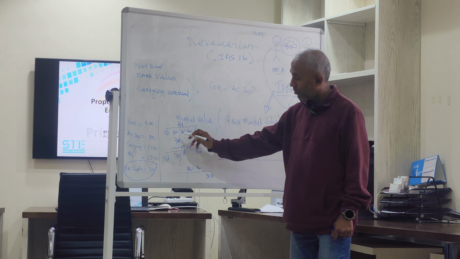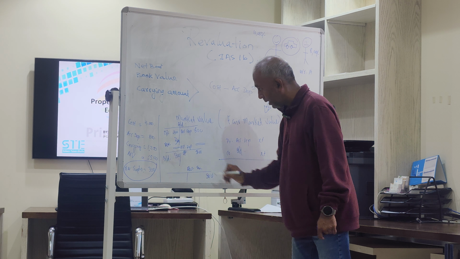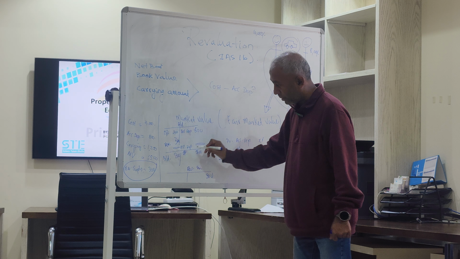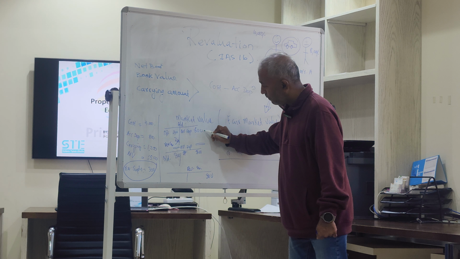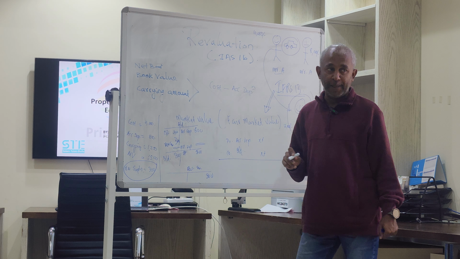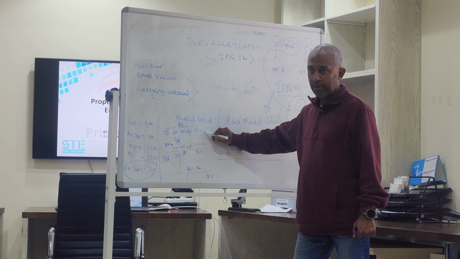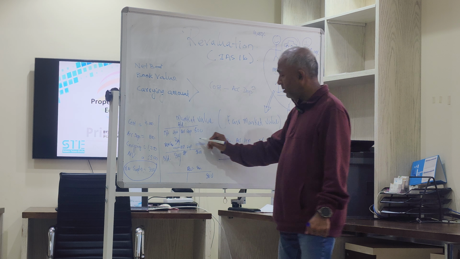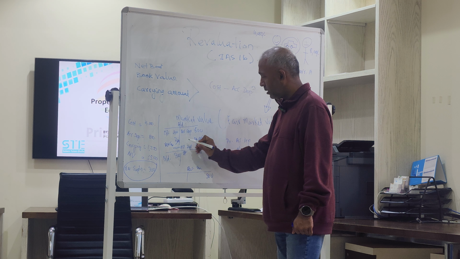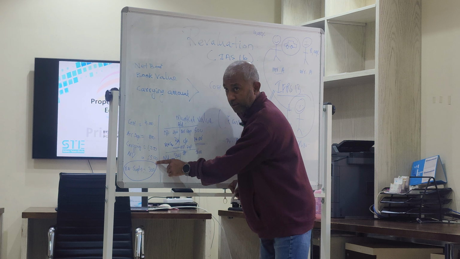What is the answer here? 2,000. I will come to explain the accounting entries, but before that, let's work out the maths here. Revaluation surplus. This is the opening balance. This is the depreciation. So what is the balancing figure? 2,300 minus 800, which is 1,500.